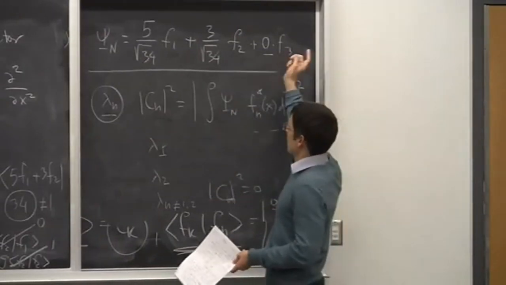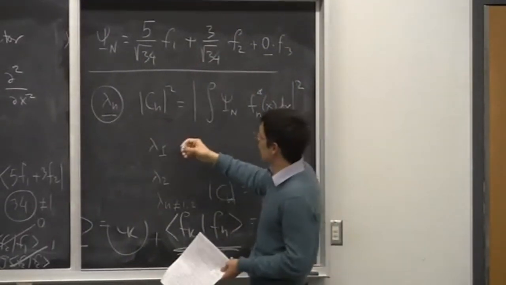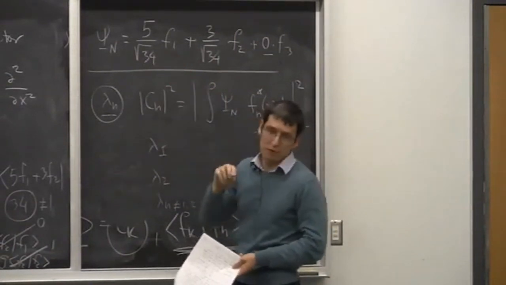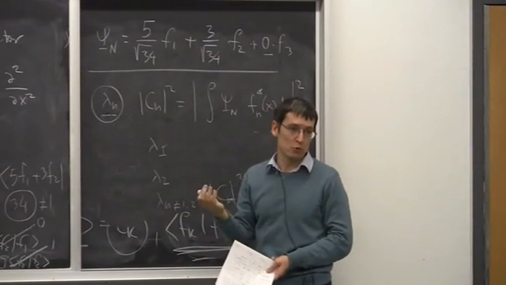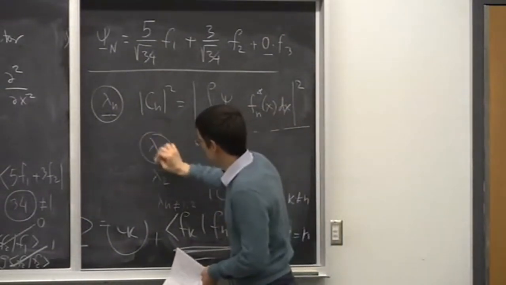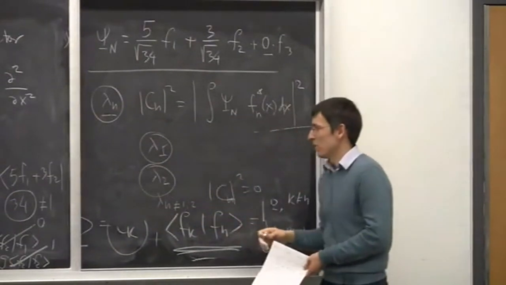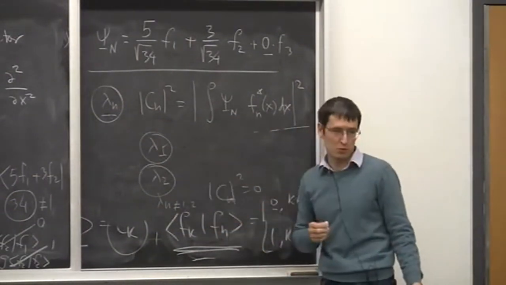There are no other f's. There is only f1 and f2, and therefore only the coefficient in front of f1, c1, and the coefficient in front of f2, c2, will be non-zero, right? And so the only two possible results of the measurement here are lambda 1 and lambda 2.